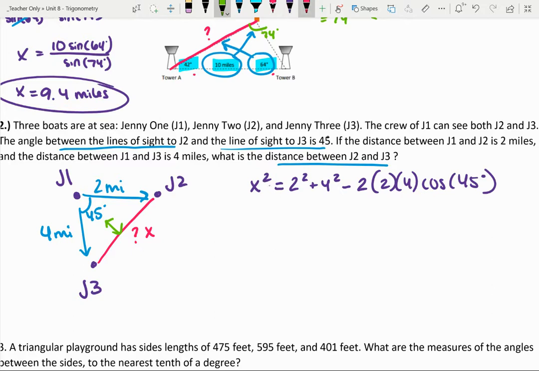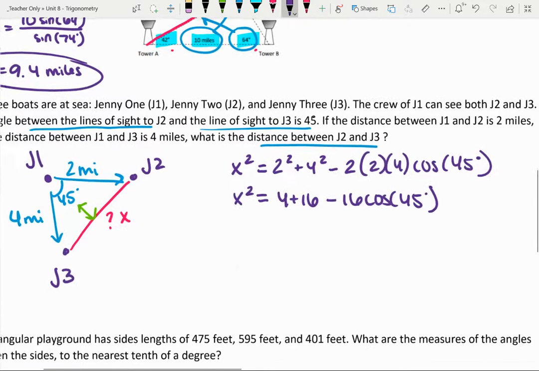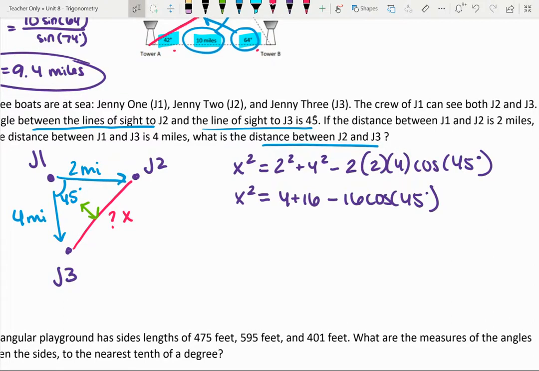So I'm going to simplify this a bit. I got x squared equals 2 squared plus 4 squared, which gives me 4 plus 16, minus 16 cosine of 45 degrees. And remember, at any point, you could just put that right-hand side expression in your calculator, and it would evaluate to a value.